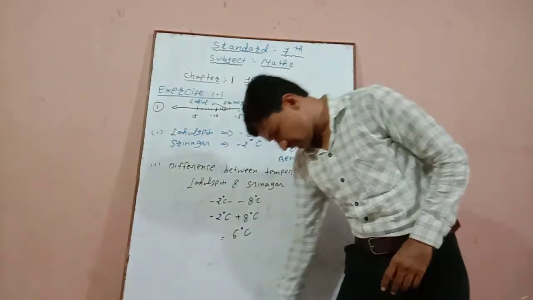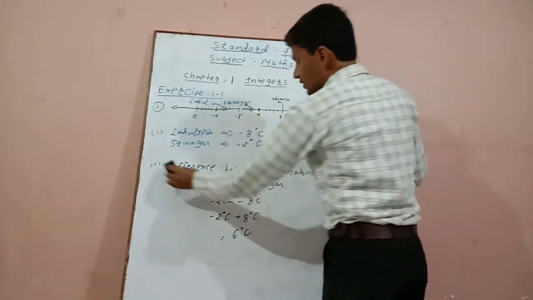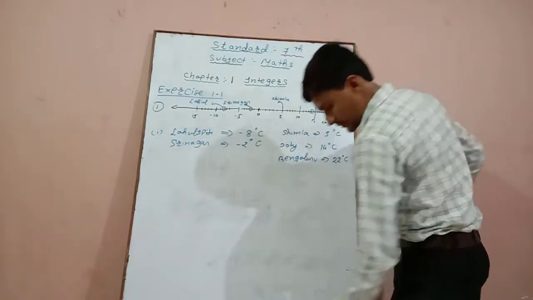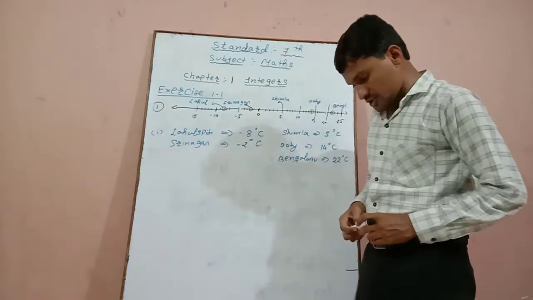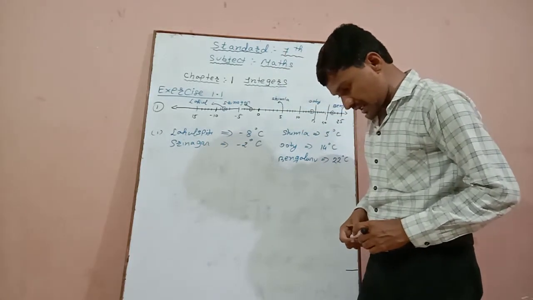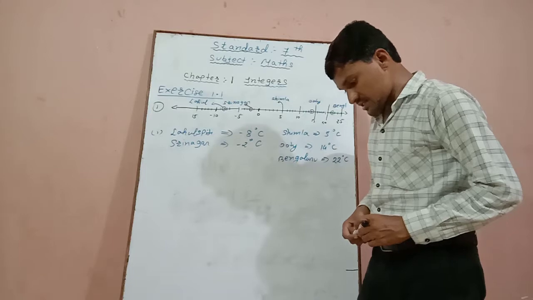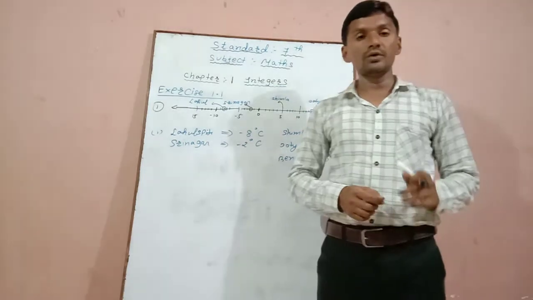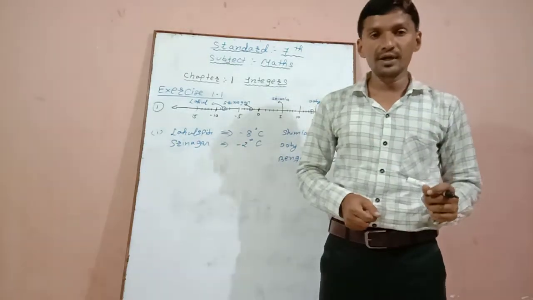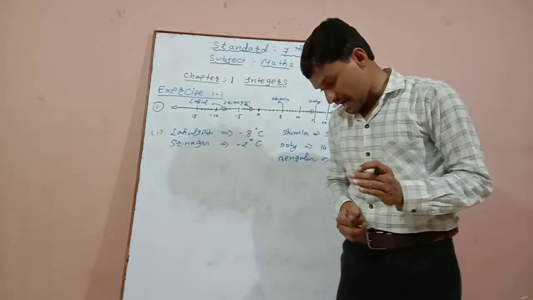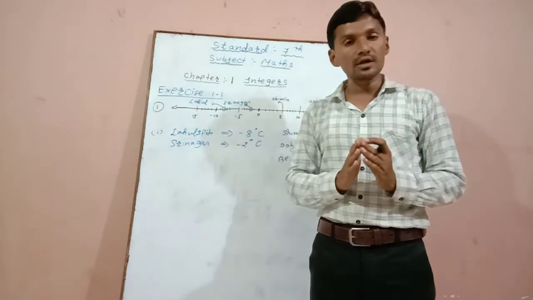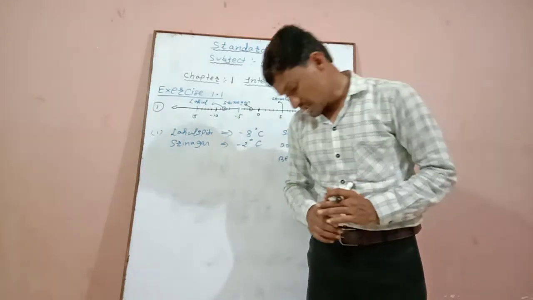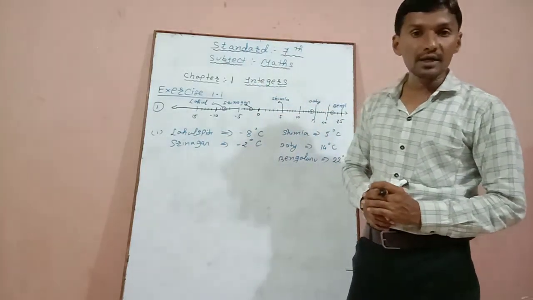Okay. Now question number 4 is, can we say the temperature of Srinagar and Shimla taken together is less than the temperature at Shimla? First of all, we have to take the temperature of Shimla and Srinagar both. Together means we have to add the temperature of both cities, that is Srinagar and Shimla.